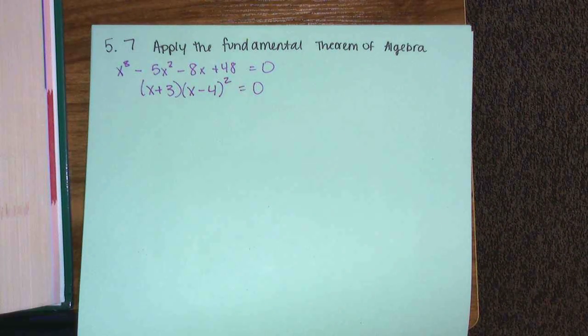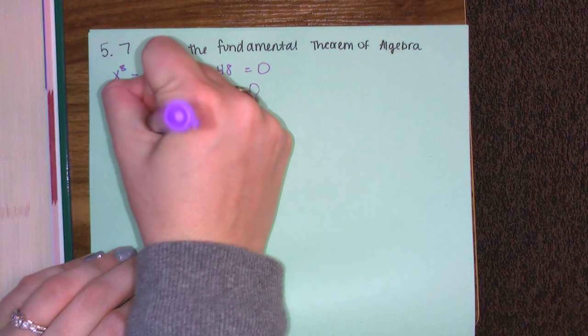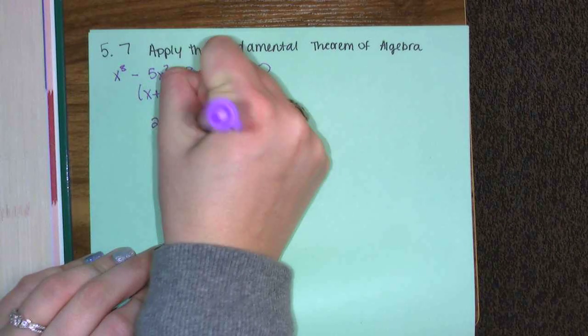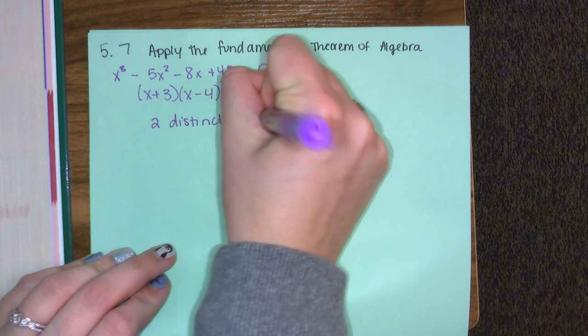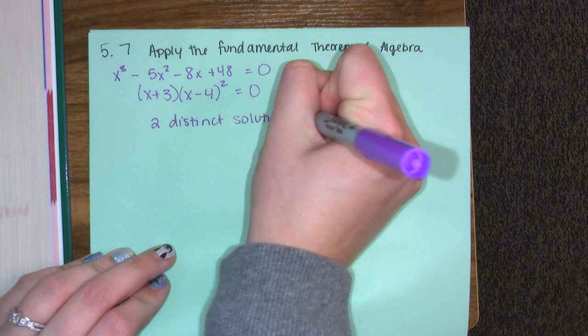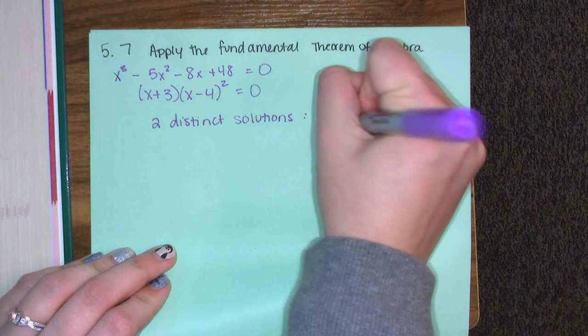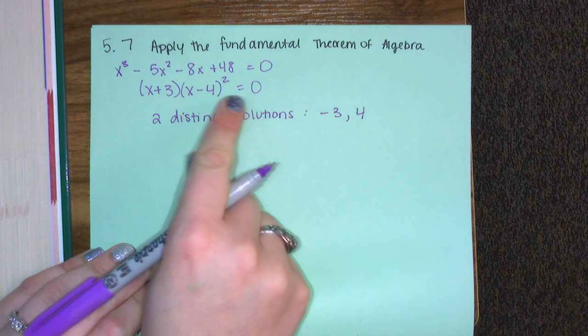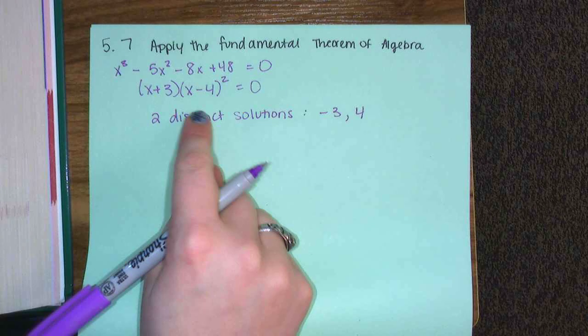So there are what we call two distinct solutions, which would be -3 and 4. Okay, we set each of these pieces equal to 0 and solve for them. You get -3 and 4.